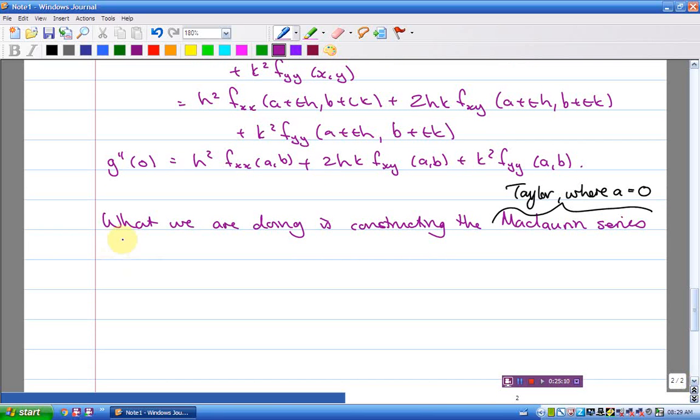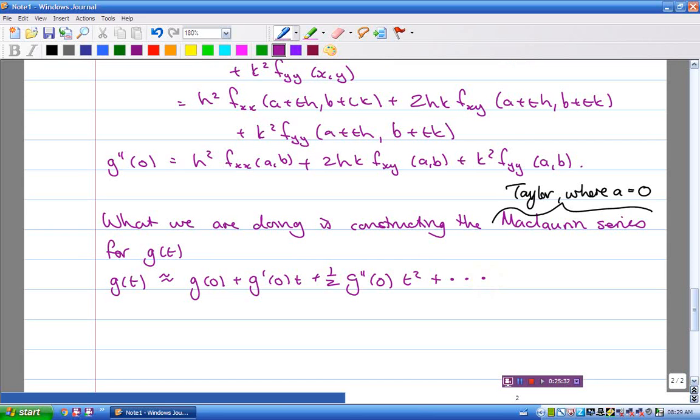So what we are doing is we're constructing the Maclaurin series for g, because g is a function of one variable. And g of t, according to single variable Taylor series, is g of 0 plus g dash of 0 t plus a half g double dash of 0 t squared plus, that's single variable Taylor series.